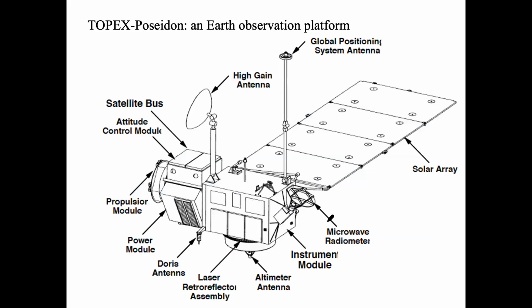And you see it here. Let me grab the laser pointer once again. You see here this antenna is the antenna of the microwave radiometer, which is an instrument that allows to calibrate with fairly high precision the path delay due to the water vapor content along the line of sight.